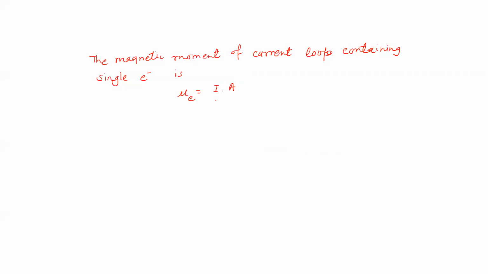This is the standard formula. Here A is the area of the loop. Obviously, since it is a circular loop, its area will be pi r square. So the magnetic moment of the single electron will be, with the value of I we have derived, minus e square B divided by 4 pi m into pi r square.